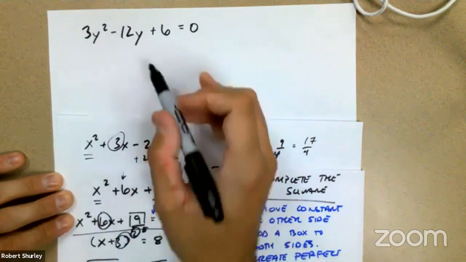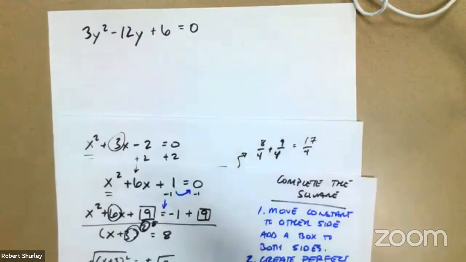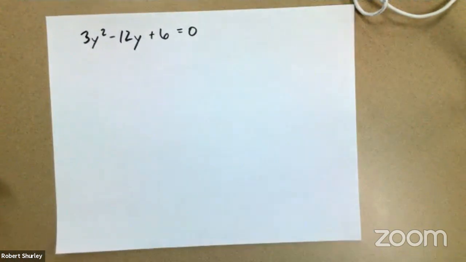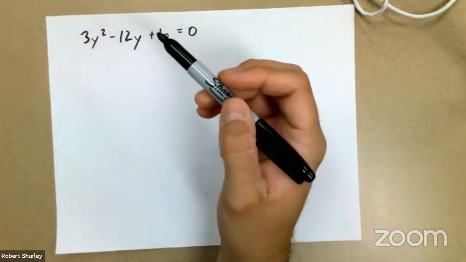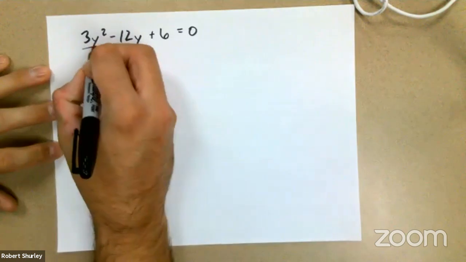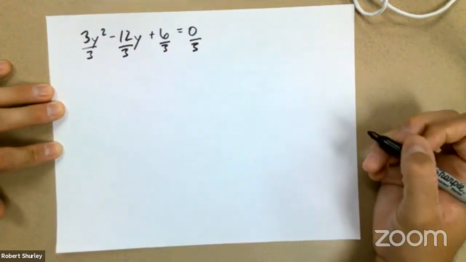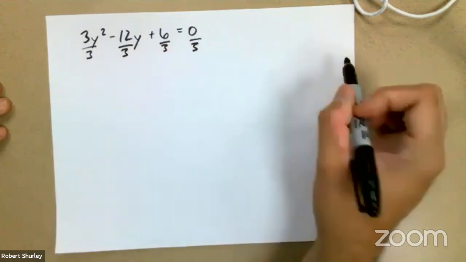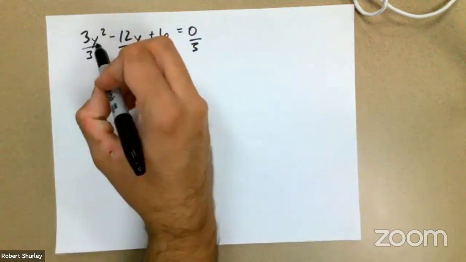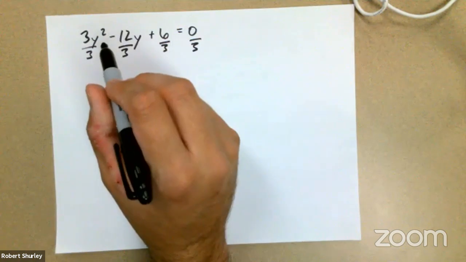This one, the square term, the y squared, is not by itself. You have to force it to be by itself. So to do that, you have to divide it away. You've got to divide it by everything, because the y squared has to be by itself.